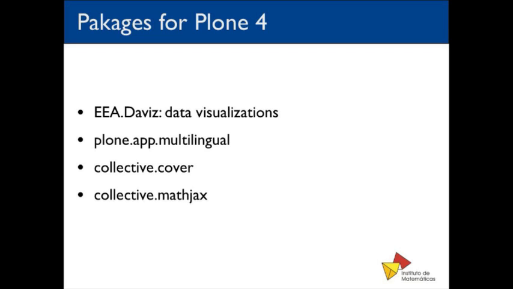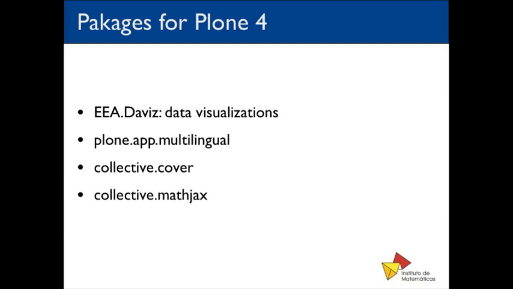We want to change from Lingua Plone to plone.app.multilingual. I don't know if this product is ready for production, but I want to try it. We want to change Collage for collective.cover.